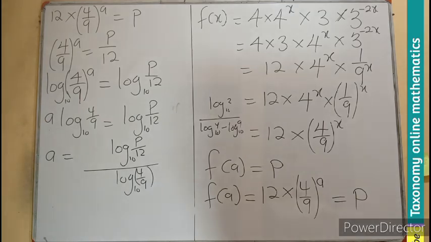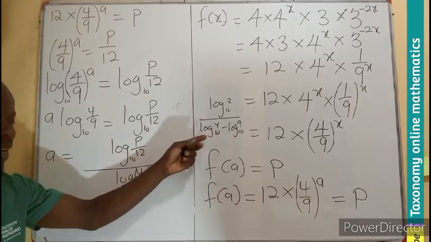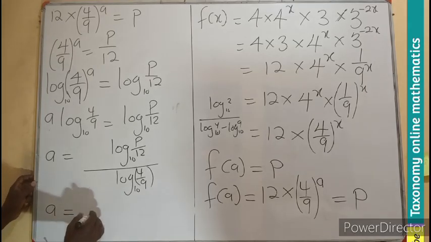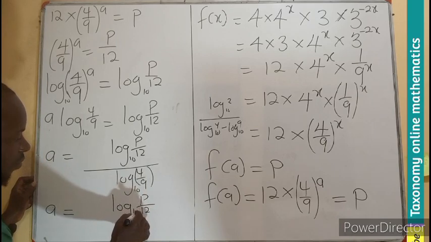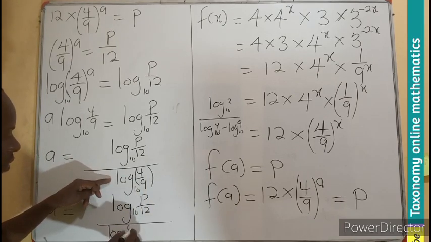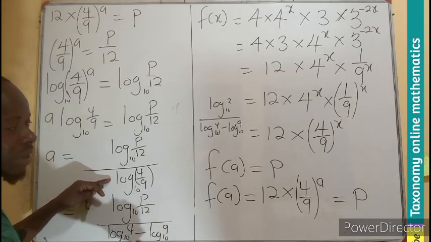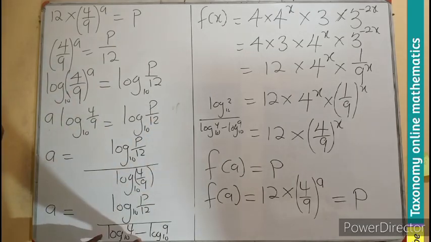And you can remember the law of logarithm, where a division is a subtraction. So a will be equal to the log of p on 12 base 10 divided by the log of 4 base 10 minus log of 9 base 10. Do you see that? Now our denominators are the same.